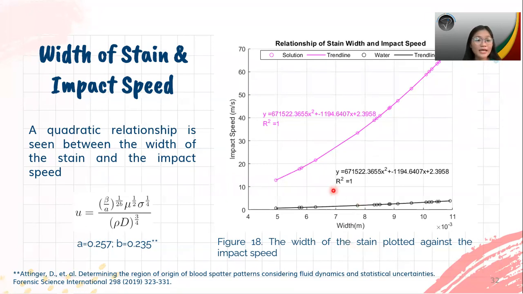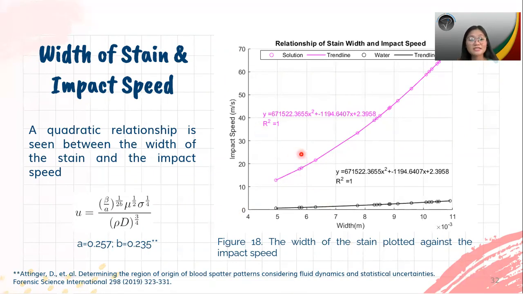Now, for the same liquid and same drop diameters, the equation for impact speed becomes dependent on just the width of the stain. So for B equals 0.235, a quadratic relationship can be seen between the width of the stain and the impact speed. Now, both liquids follow this expected trend.